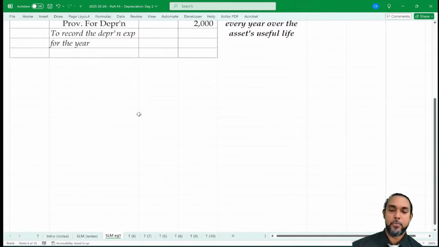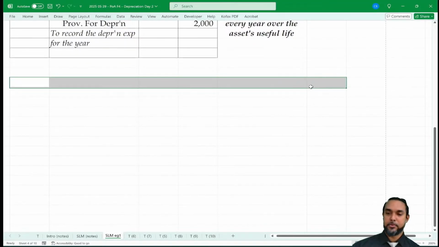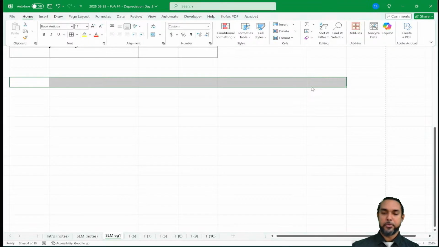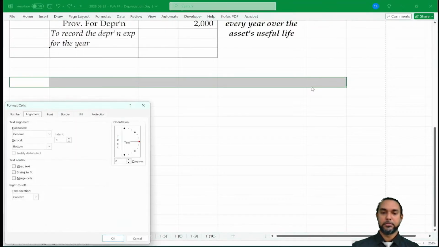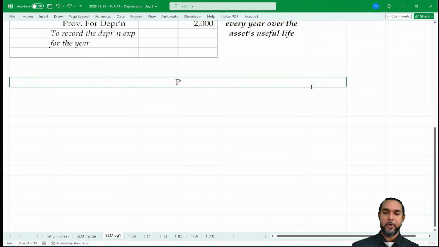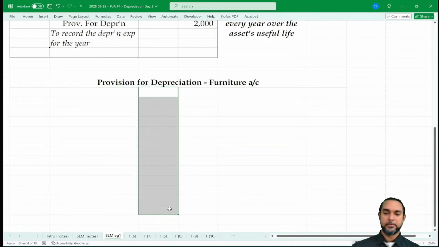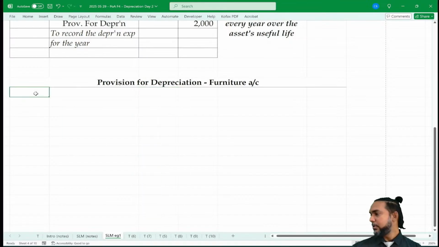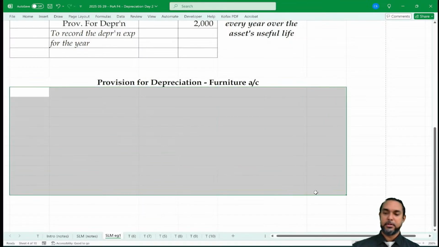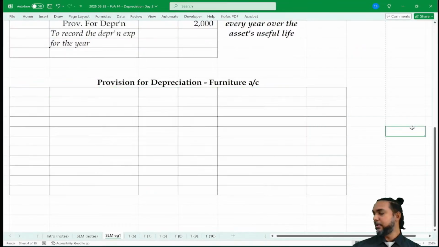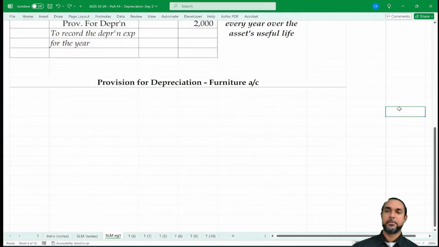Alright, okay. Now for the T account. Here's my question: do you all want the T account with the grid lines or without the grid lines?